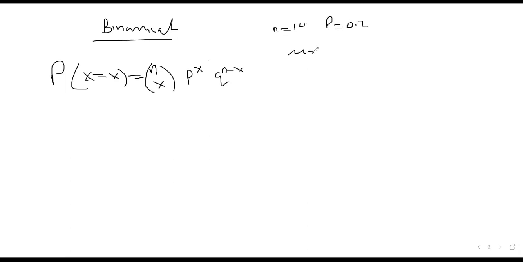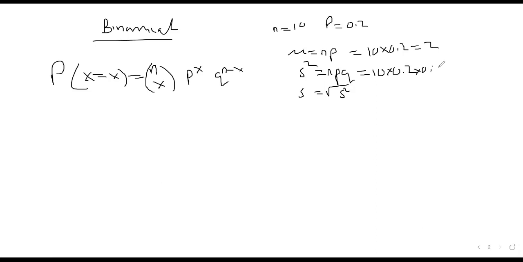So the mean is simply np. The variance is simply npq. And the standard deviation is simply the square root of the variance. 10 times 0.2, this is 2. 10 times 0.2 times 0.8. But we get our variance.